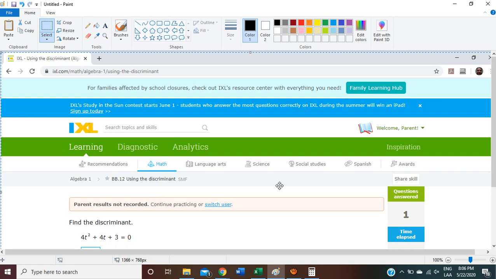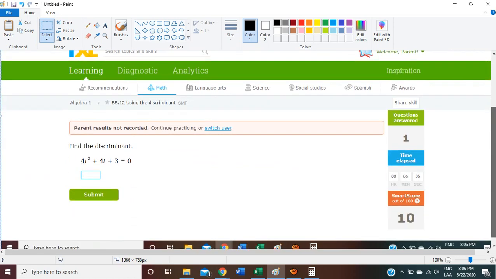The next one says 4t squared plus 4t plus 3. Our discriminant formula is b squared minus 4ac.